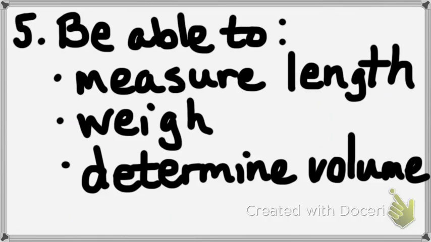What's the volume of the shell? What was it before? 25. And it went to 29. 4. It's 4. So how'd you figure that out? It's 29 minus 25. So it's how much did it go up? It's the difference, right?